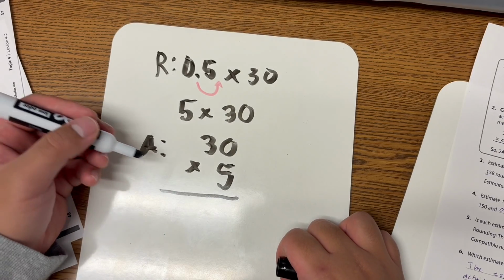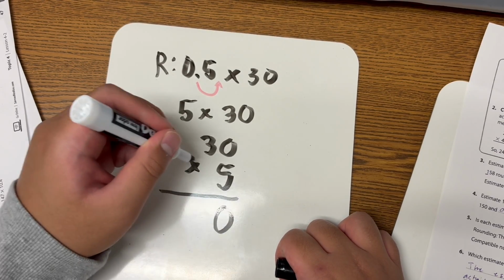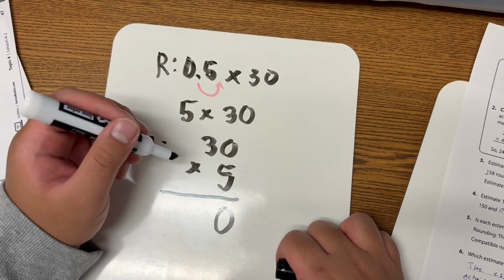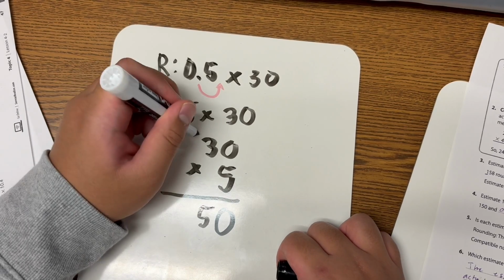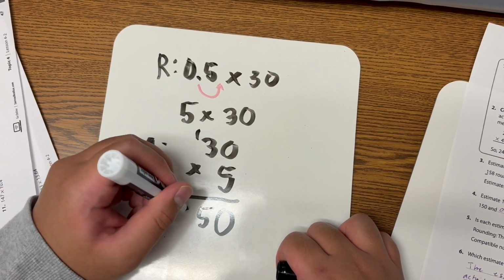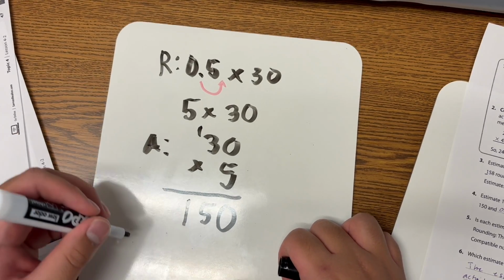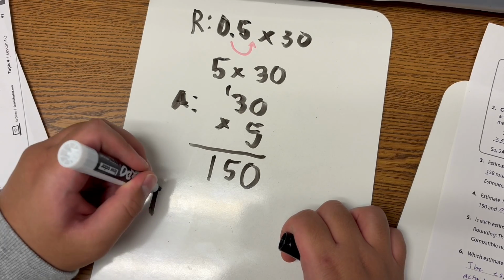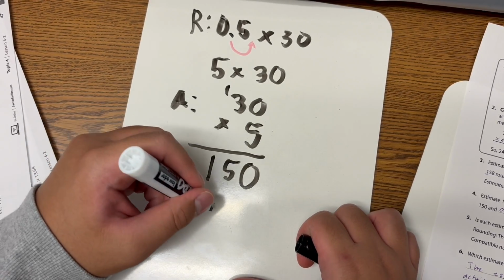We apply the 0 property because any number times 0 is 0. And then 30 times 50, or the 3 times 5 is 15. We will record our 5, raise our 100, and since there are no other hundreds to multiply by, we will just drop it. We are not done though, because we now need to do the part where we move our decimal back.